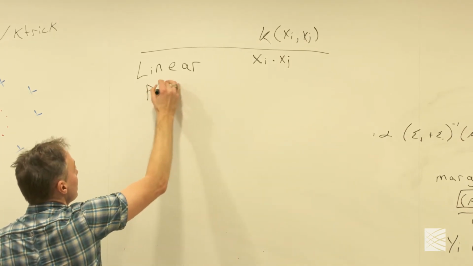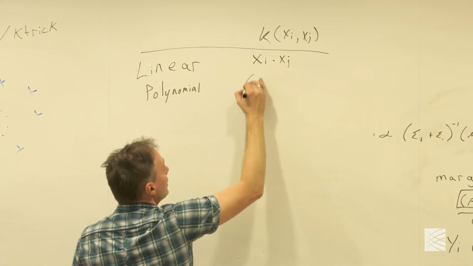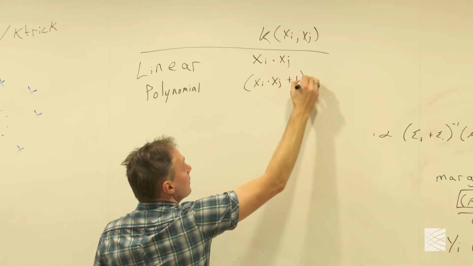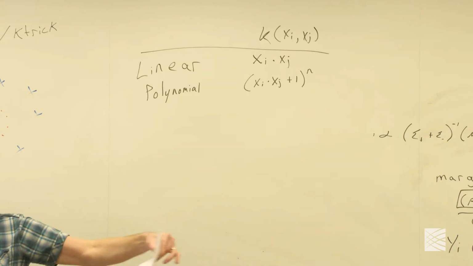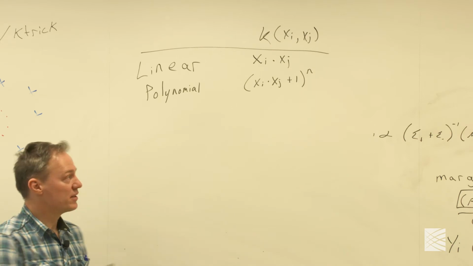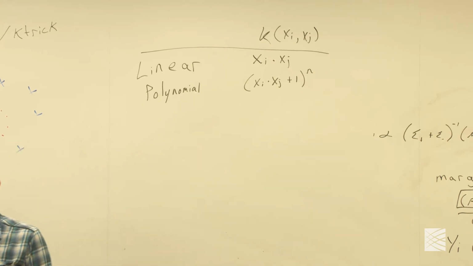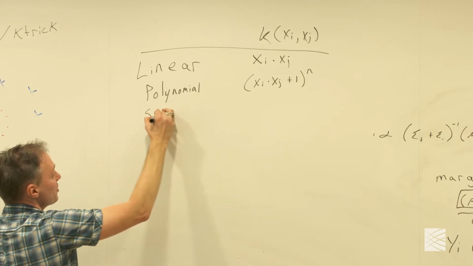Then there's polynomial, where through expansions of powers you get the same sort of benefits. If you think it's cubic or something, this is also a good choice to experiment with early because maybe something simple works. For people doing genomics, there's the string kernel.